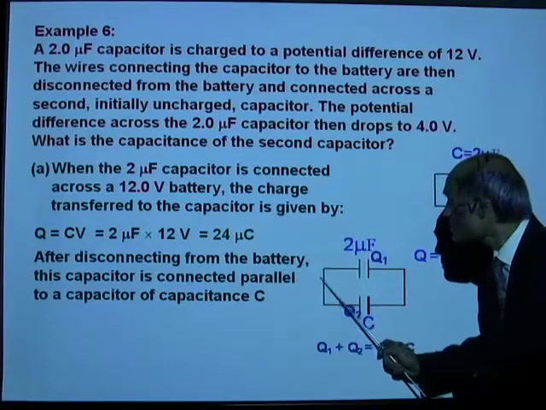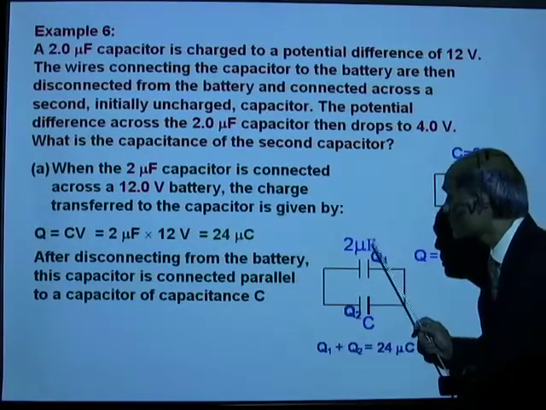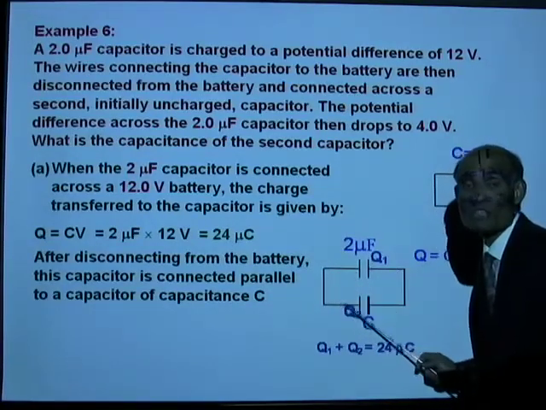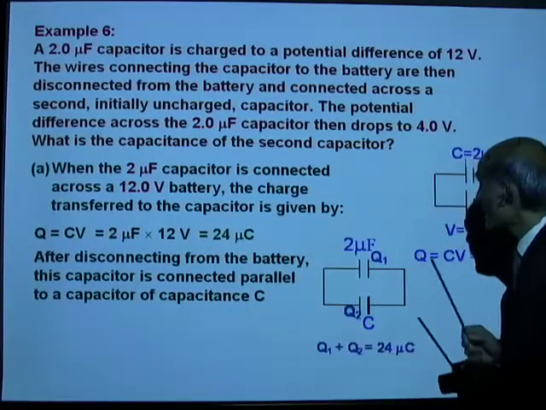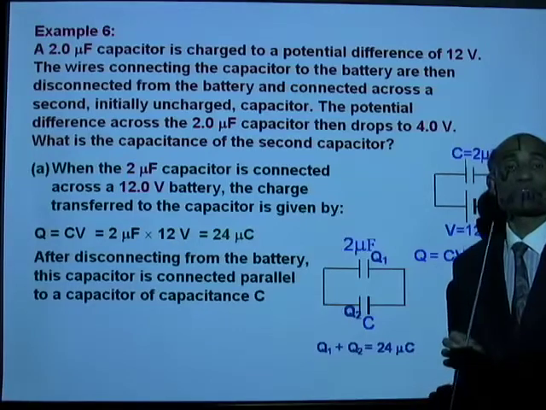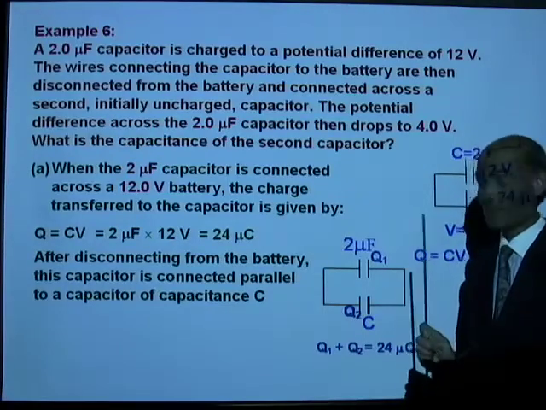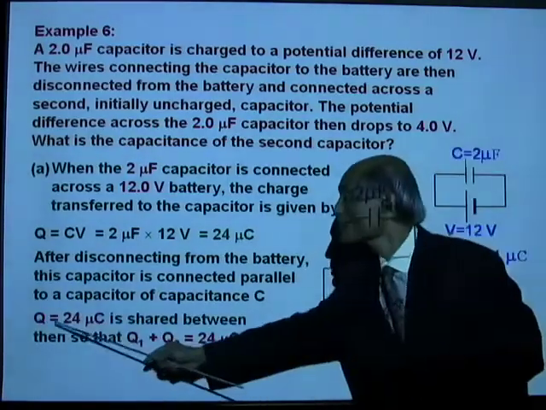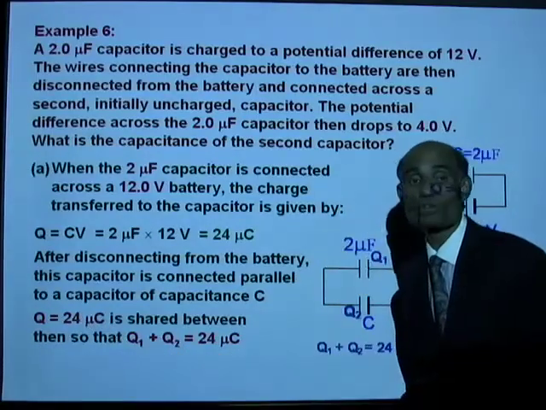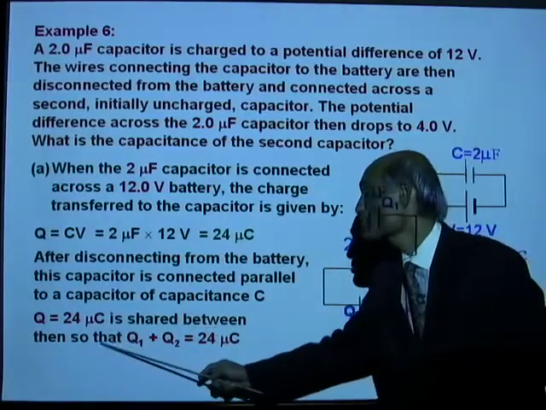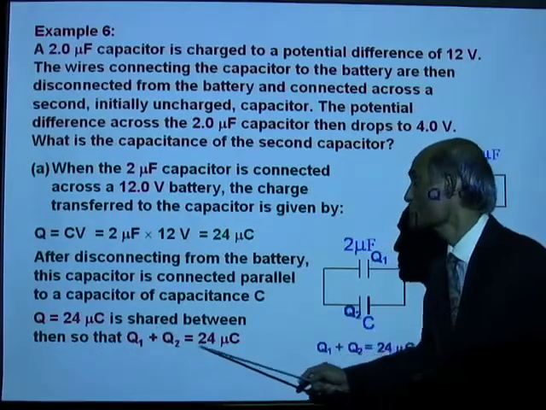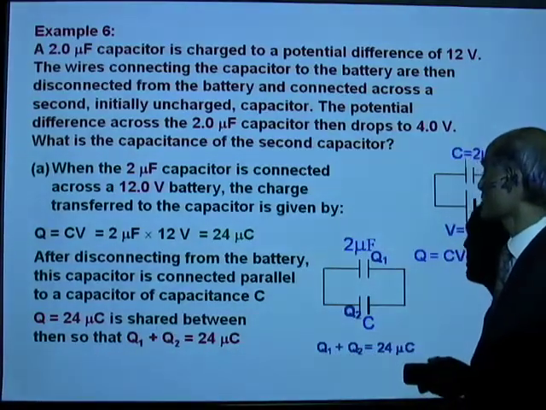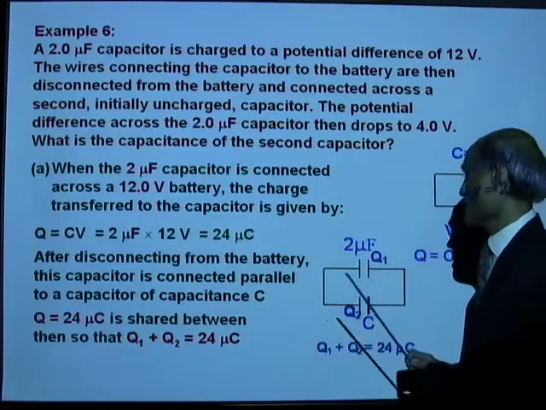And when you connect it to the second capacitor, that charge is going to be shared so that Q1 plus Q2 is that total charge. Is that right? Yes. So Q equal to 24 microcoulomb is shared between them so that Q1 plus Q2 equals 24 microcoulomb. Okay.